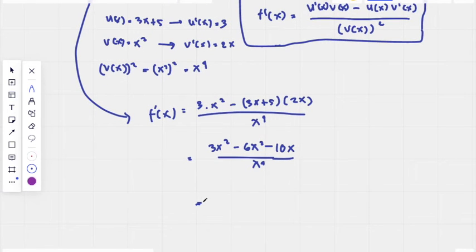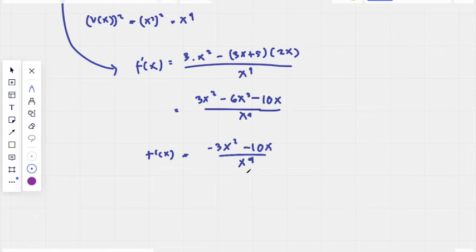Or we can simplify as 3 minus 6 is minus 3x squared minus 10x over, oh, I mean x to the power of 4. You can simplify by dividing both the numerator and denominator by x.